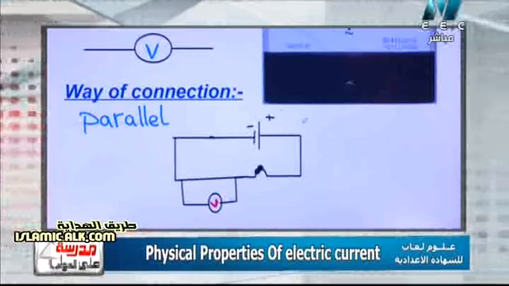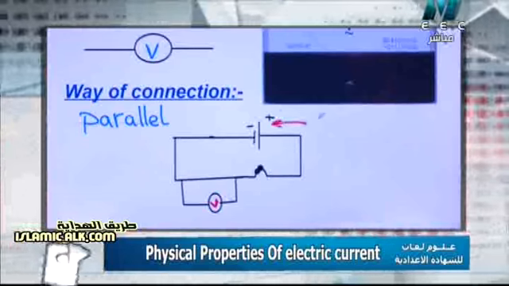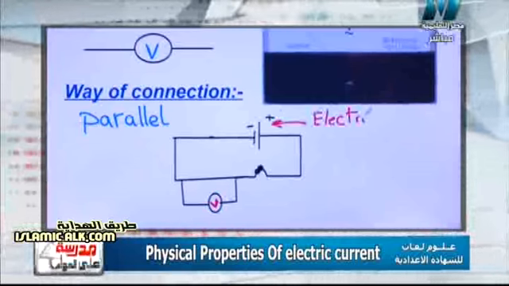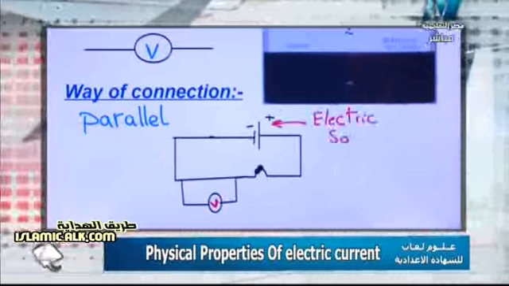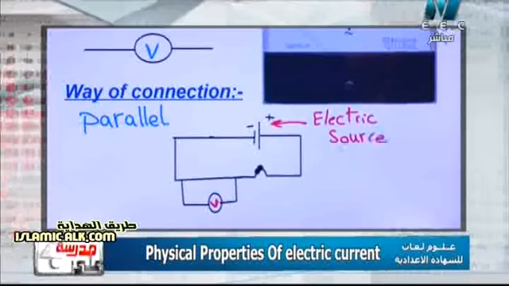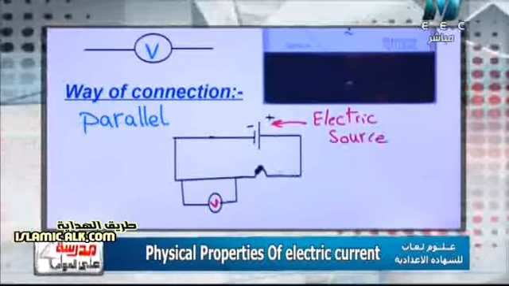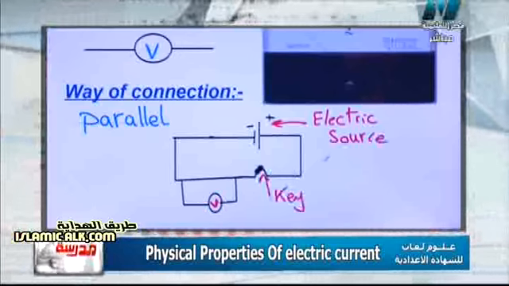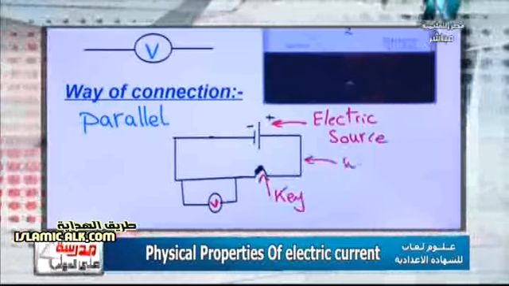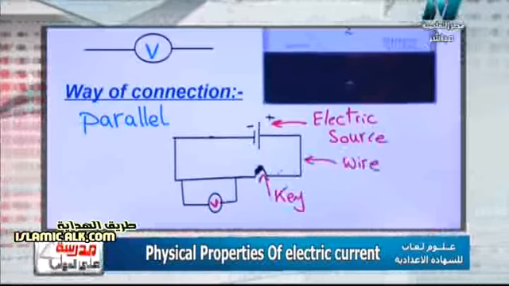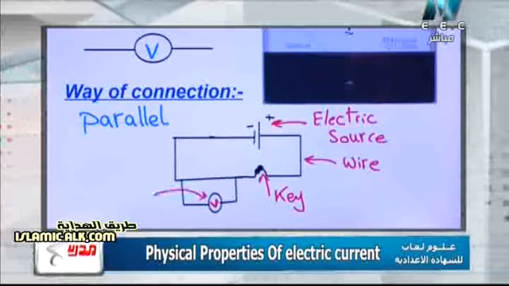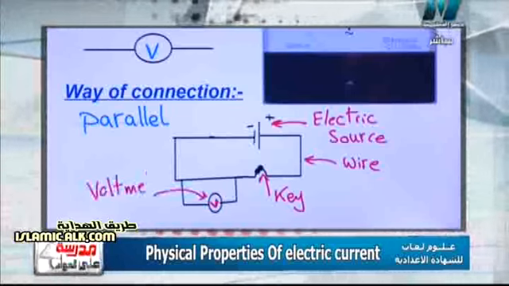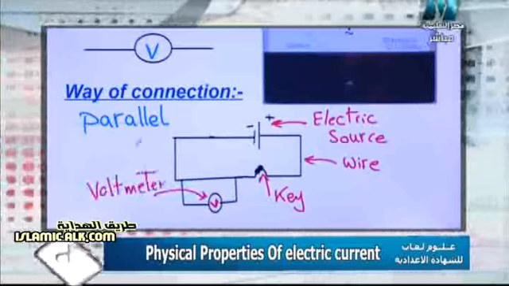We know the electric source, and we have a key, we have a wire, and here we have what? We have the voltmeter. And the way of connection of the voltmeter is what? Is parallel.